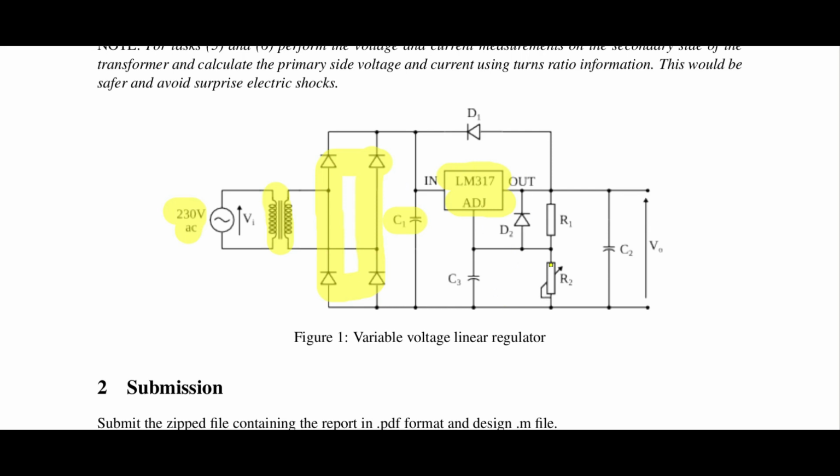Then you have R2 and R1, and I made R2 adjustable so that you can adjust that and get different voltage settings. I have explained in the class on the need to use C3, D2 and D1. Recall that and understand what they do and what are the functions here.